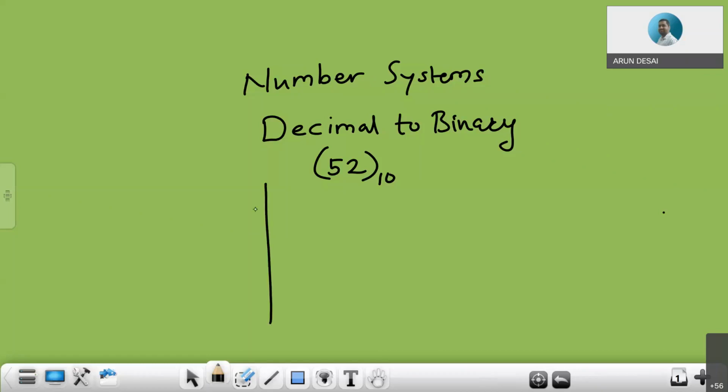One way is dividing that number by two and keeping the remainder. So it is 26, 0, again 2. Try to divide this and find out the remainder.